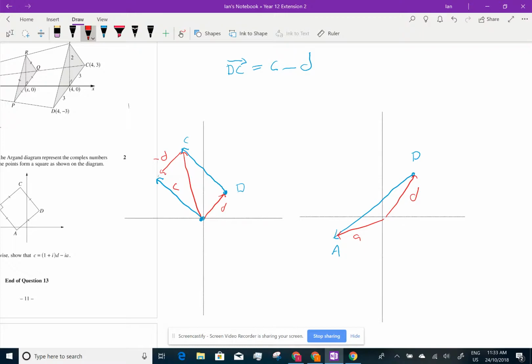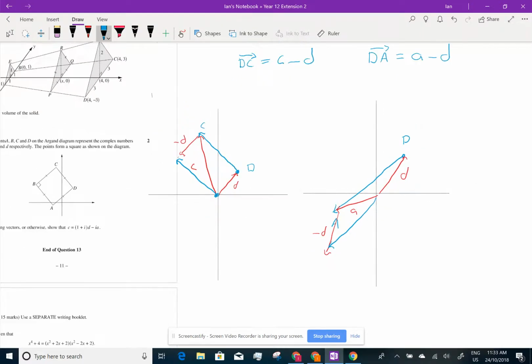So what I'm going to do is I'm going to take the complex number D and I'm going to go the opposite direction. I'm going to take negative D. And that will give me the same vector as DA, but here. So the vector DA can be written as A minus D.